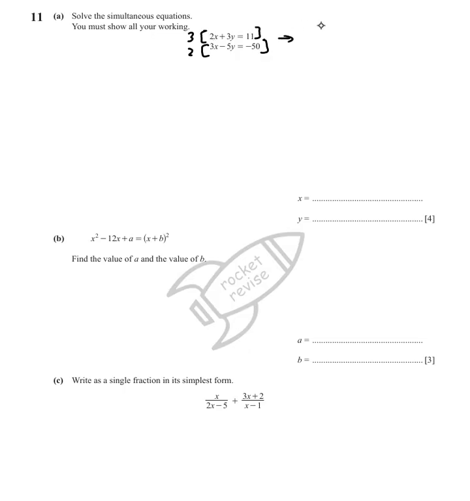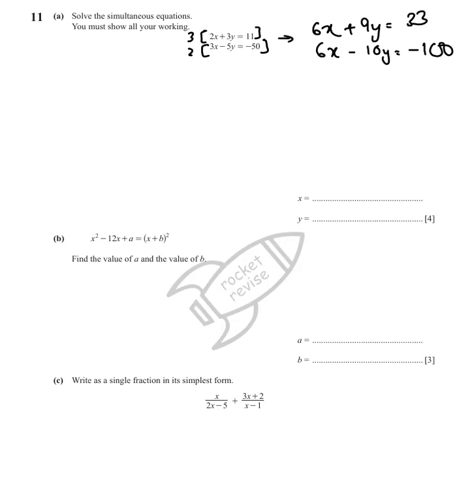This becomes 3 into 2x becomes 6x plus 9y equals 33. 6x minus 15y, oh no, minus 10y, sorry. 10y becomes minus 100.